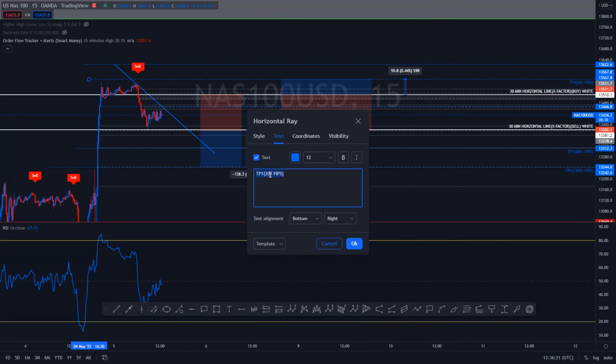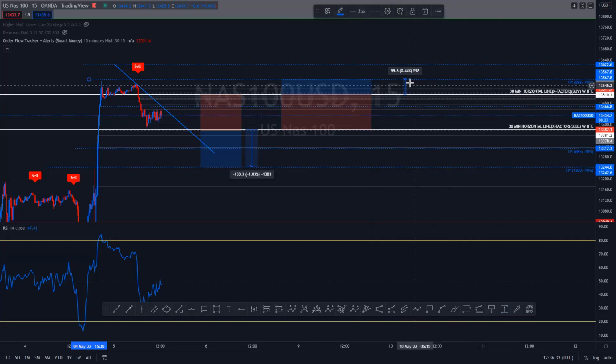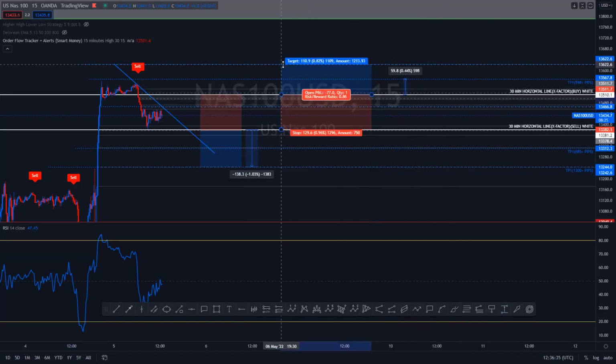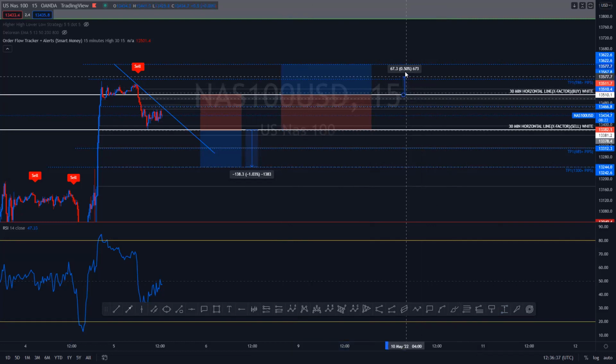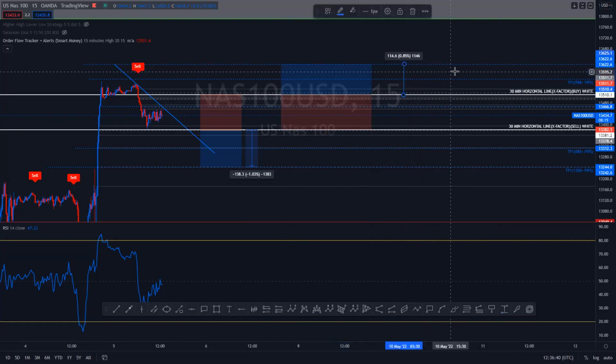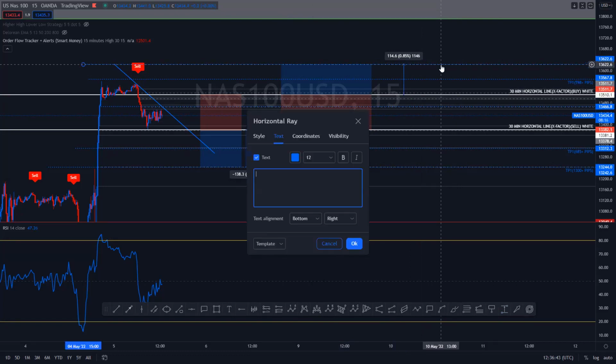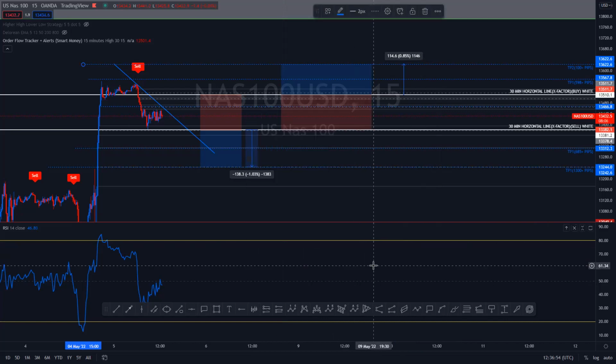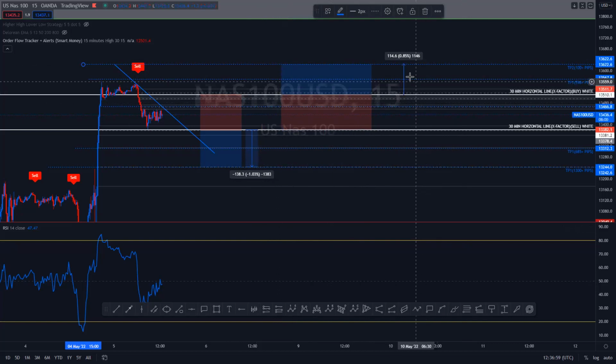TP1, 598 plus pips. Then when I pull that all the way up to here, we build up like 100 pips here for TP2. Right. So that's going to be for if price decides to buy up.